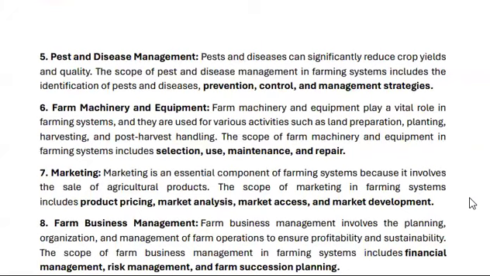So the scope of pest and disease management are the following: prevention, control, and management strategies, and also the identification of pests and diseases. ID, prevention, control, and management strategies.